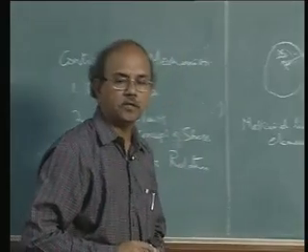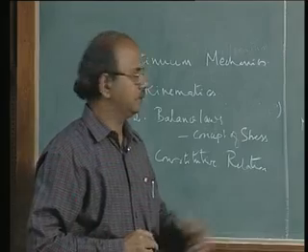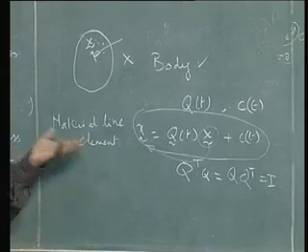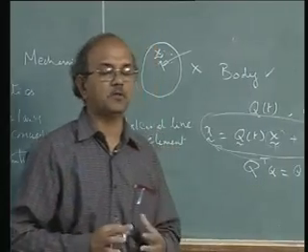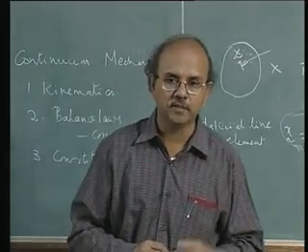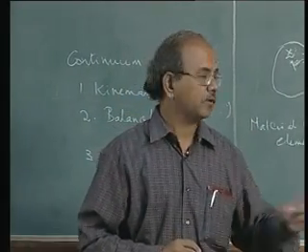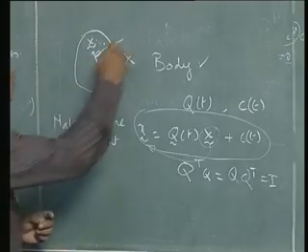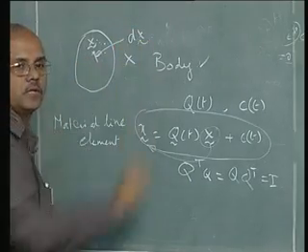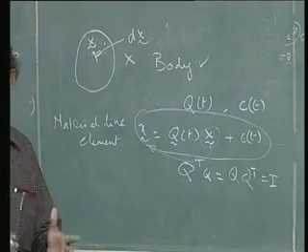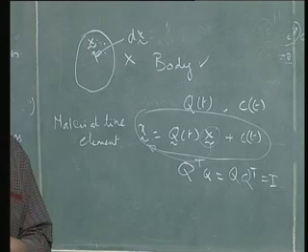Many researchers and workers are enamored by this term, material line element. People also call them fibers. Material line elements are actually small lines, like this, which are drawn, which are vectors basically, dX, infinitesimal lines.